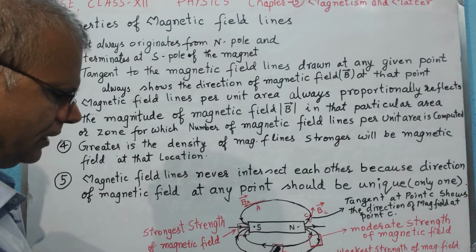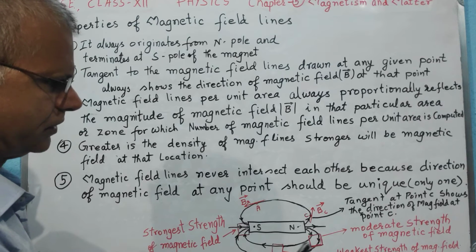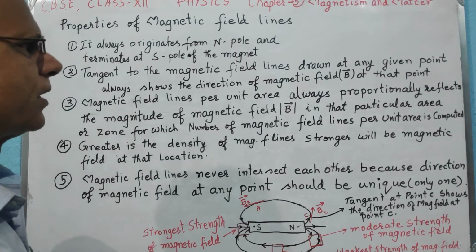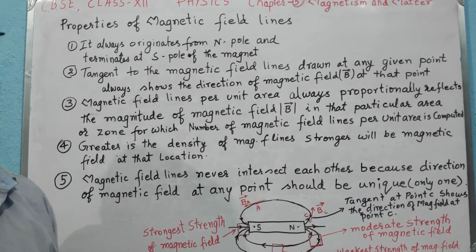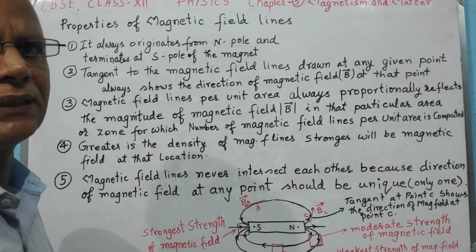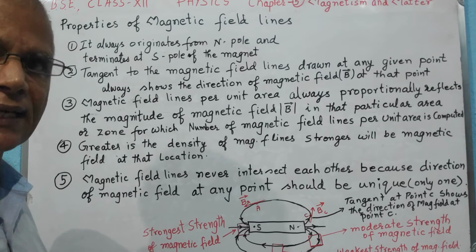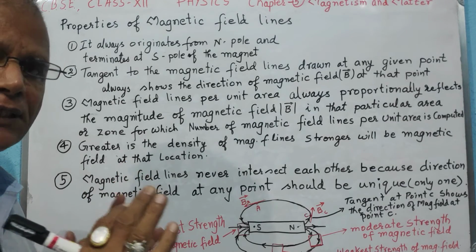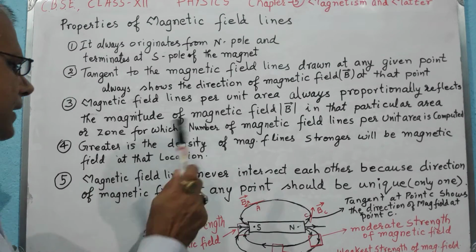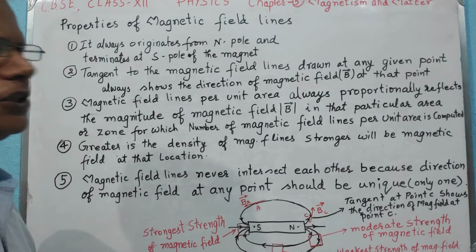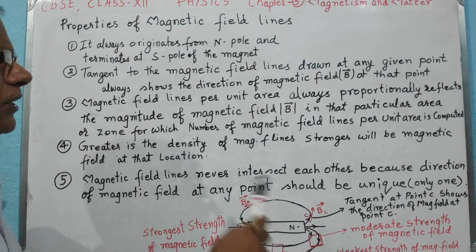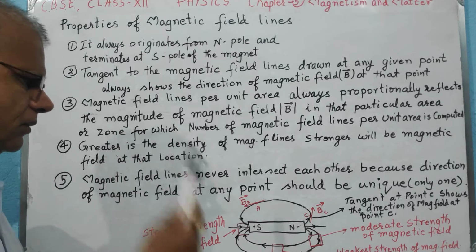Here we have only one line passing through this area, that means the strength of magnetic field is weakest over there. So that means the more the number of magnetic field lines per unit area, the stronger will be the magnetic field at that zone, at that location. And the greater the density of magnetic field lines, the stronger will be the magnetic field at that point. Means it is proportional.